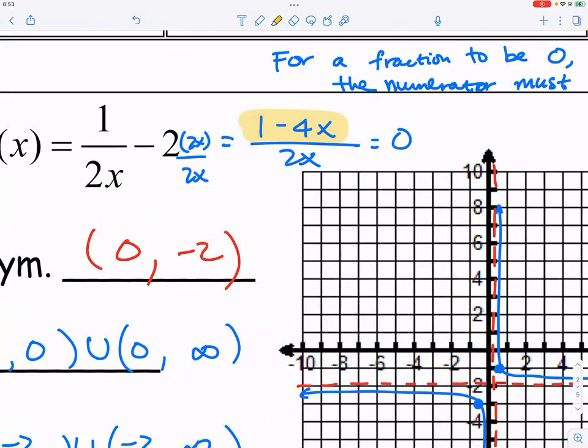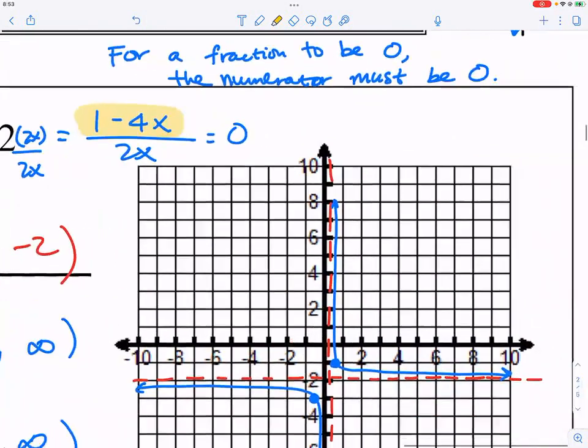The numerator must be 0. So to find the x-intercept, you look at the numerator of the unified fraction and set it equal to 0. So x is equal to 1/4.